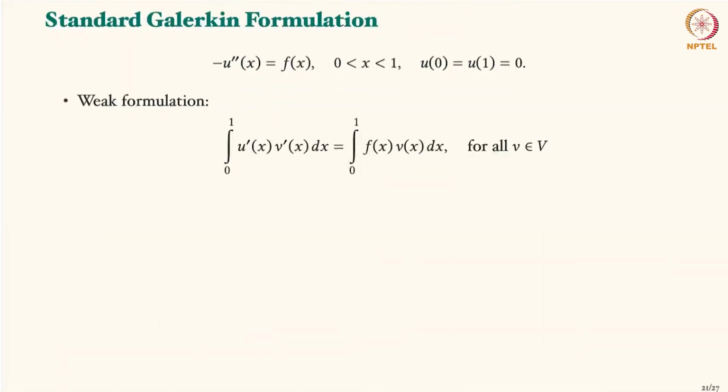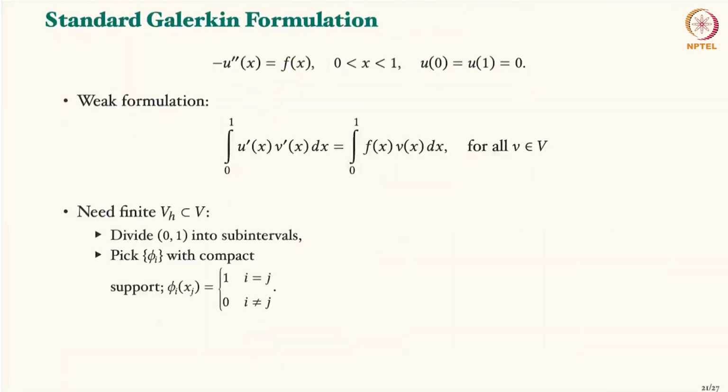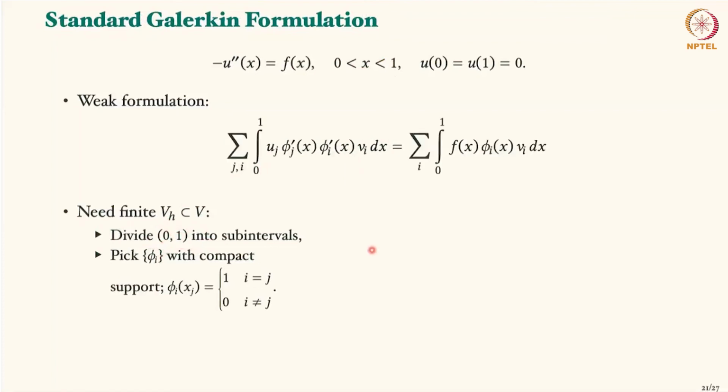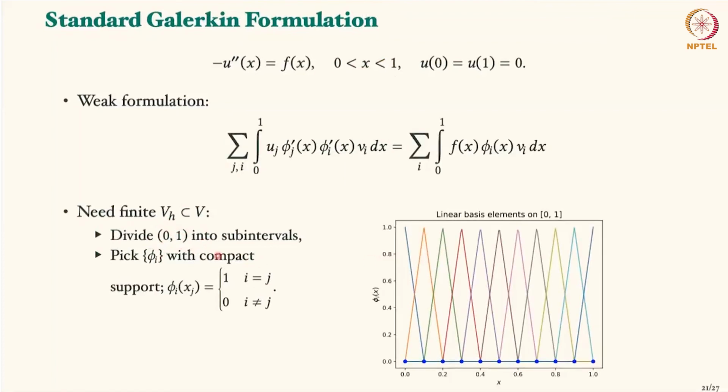So here is a rephrasing of all of this again with some more illustration. I've started with my Poisson problem and written down my weak formulation. I've said I'll pick this finite dimensional subspace, and let me give you an illustration of what it is on 0, 1. Just like before, I'm going to subdivide 0, 1 into intervals, and I'm now going to pick basis functions which are compact like the following.